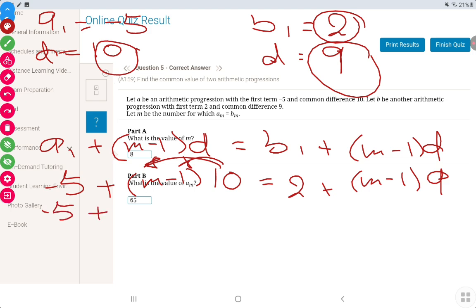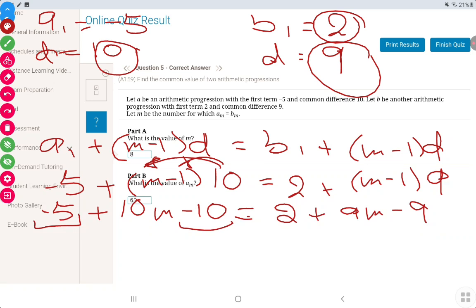Now you spread out the brackets to get rid of them. -5 plus 10m minus 10 is equal to 2 plus 9m minus 9. So -5 plus -10 is going to be -15, so 10m plus -15 equals 2 plus -9, which is -7, so 9m plus -7.